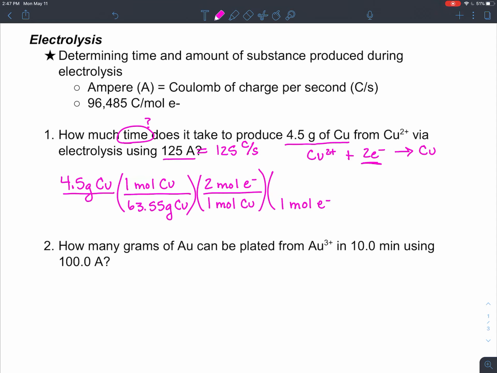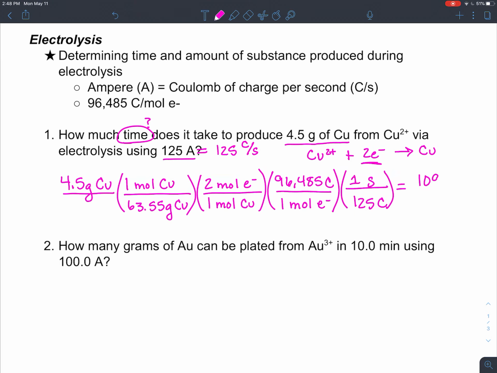Then for every 1 mole of electrons, we have 96,485 coulombs. And finally, the power they're using for this is going to be 125 coulombs per second, or the amperage, I should say. So 125 coulombs per 1 second.